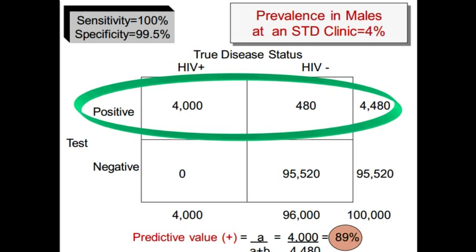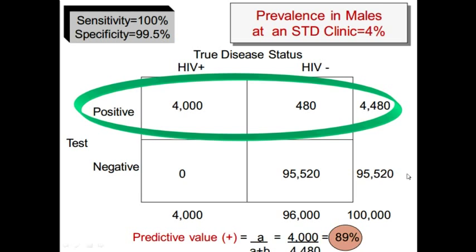If we find that the prevalence in males is 4%, we replace these values with 4,000 here, because it's 4 per 100, so 4,000 per 100,000, and then accordingly we put the values in the individual cells. With the same sensitivity and specificity, our positive predictive value now increases to 89%, because 4000 over 4480 gives us 89%.